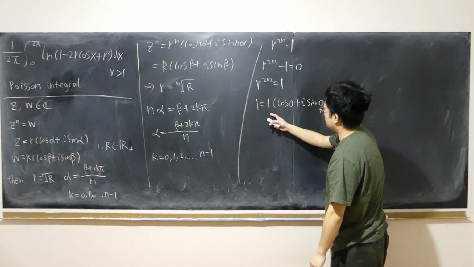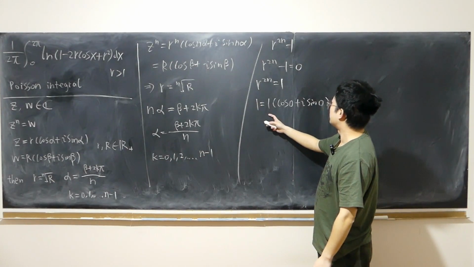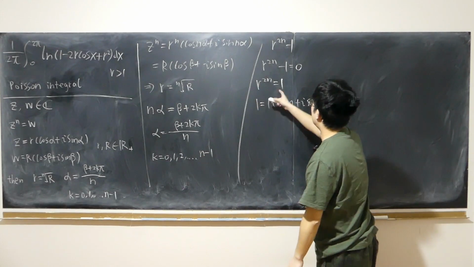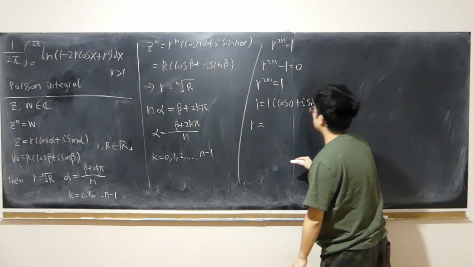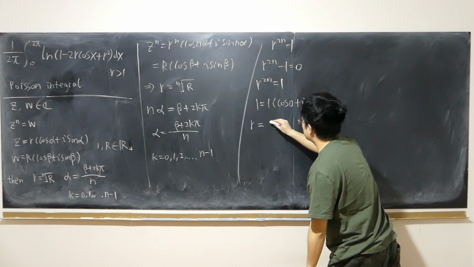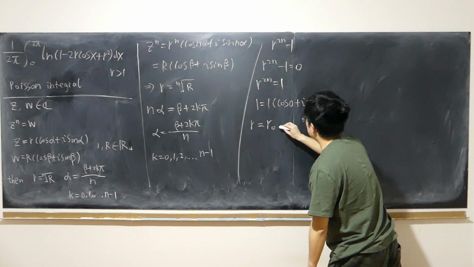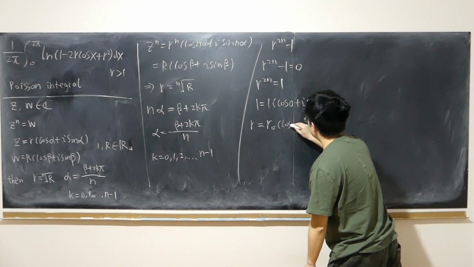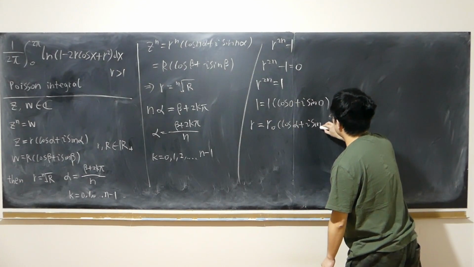And so, in other words, big R is 1. So little r, maybe I write it as r naught times cosine alpha plus i sine alpha.